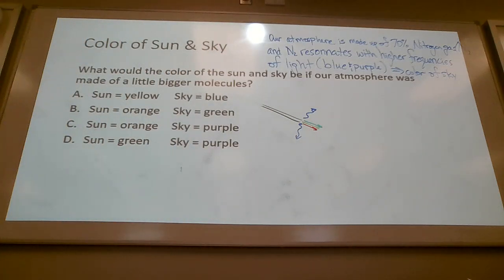So that would look orange. B. Yep. You okay with that? Okay. So we'd have a green sky and an orange sun.